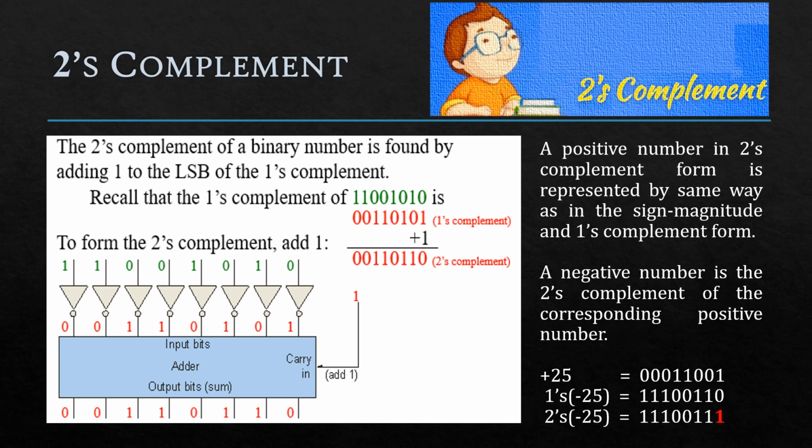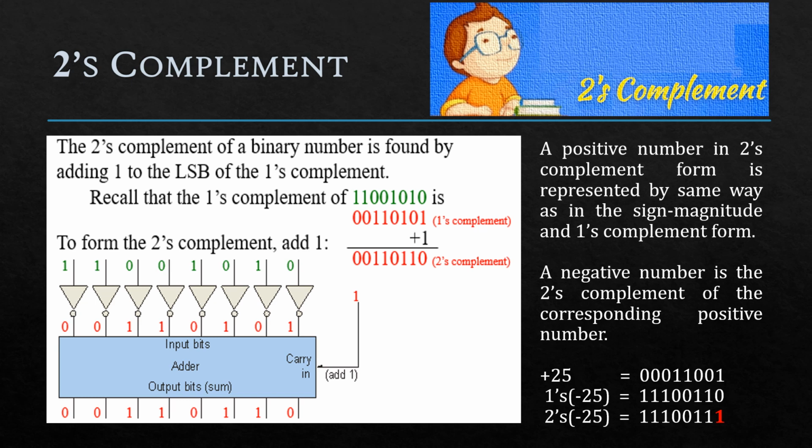Using these 8 inverters we generate the 1's complement, and to perform the 1-bit addition to the LSB, we need another circuit called an adder circuit. The inputs to the adder circuit are the inverted bits generated through the inverters and the carry bit.